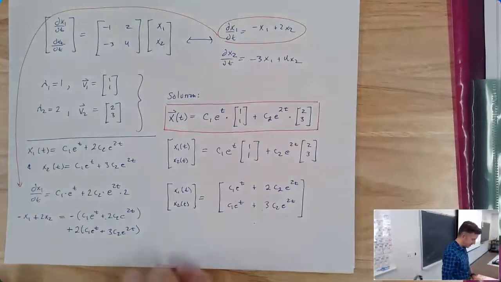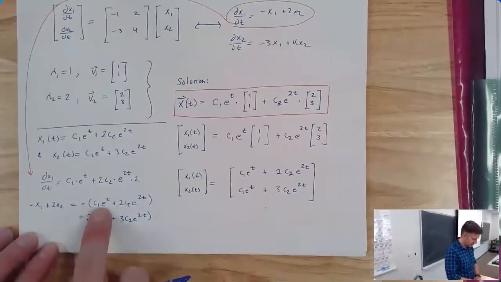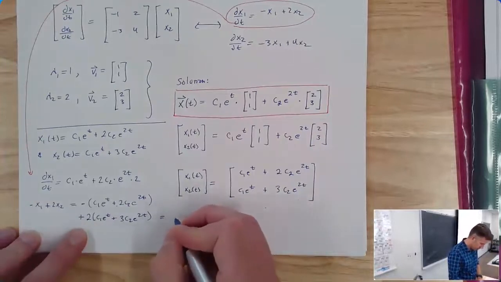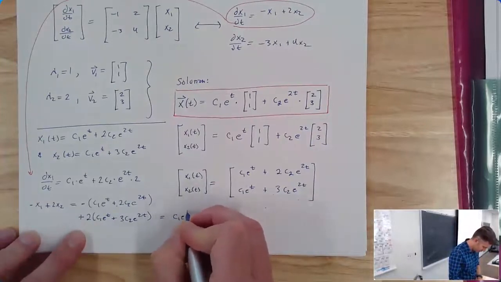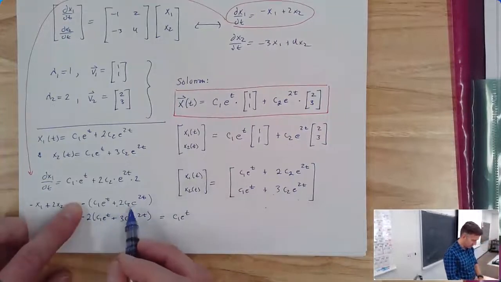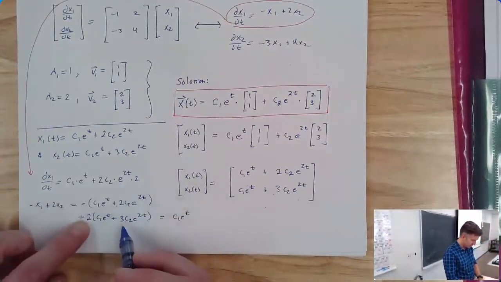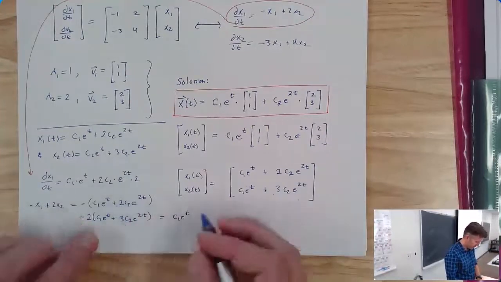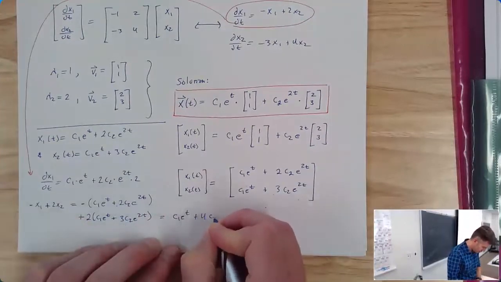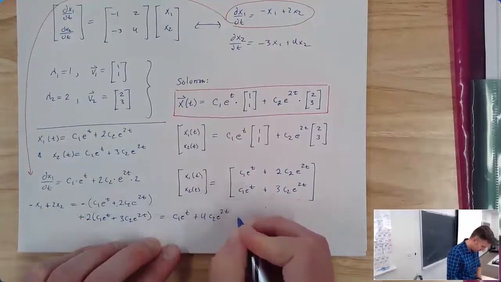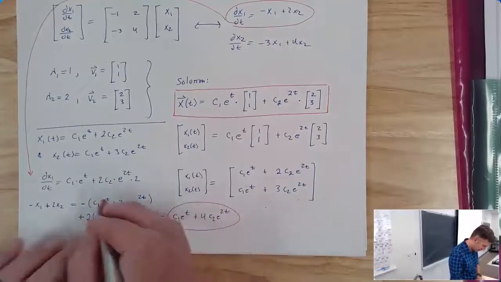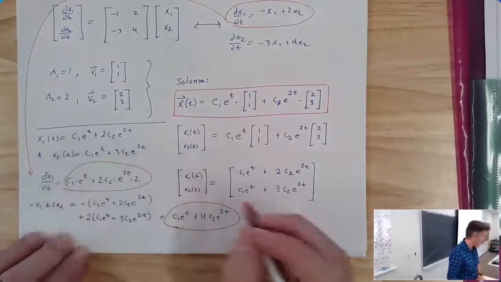And if we add those together, let's see what happens. Negative c1 e to the t plus 2c1 e to the t is going to equal c1 e to the t. And negative 2c2 e to the 2t plus 6c2 e to the 2t. Negative 2 plus 6 is 4. And look, this is exactly the same as that.